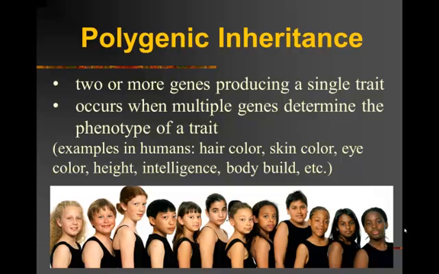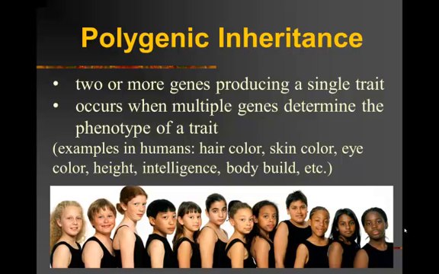Now polygenic. Poly means many. Polygenic, think of polygenes, many genes, inheritance. Not everything is as simple as what Mendel dealt with. All the 7 traits that he picked with his pea plants, they had only 2 alleles for a gene.